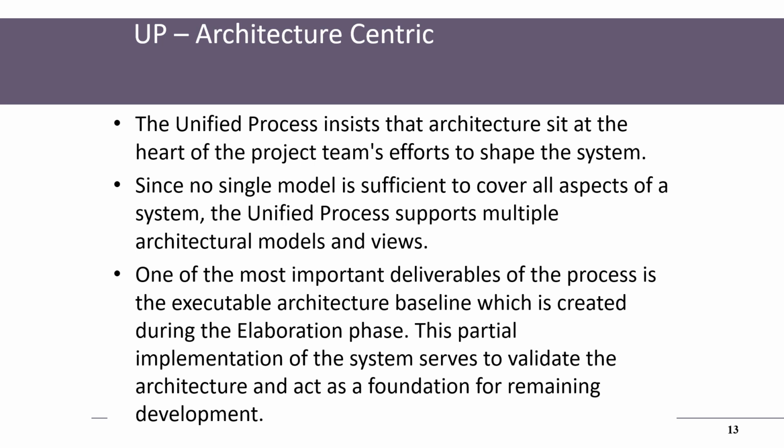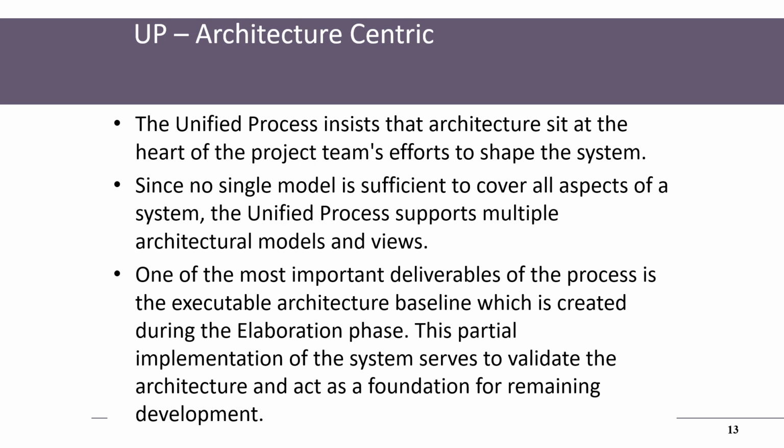When we say architecture centric, unified process insists the architecture sit at the heart of the project team's effort to shape the system. When I say heart of the project team, what does it mean? I mean, people should not do something that disturbs the heart. Why? It will die. So architecture is the heart.